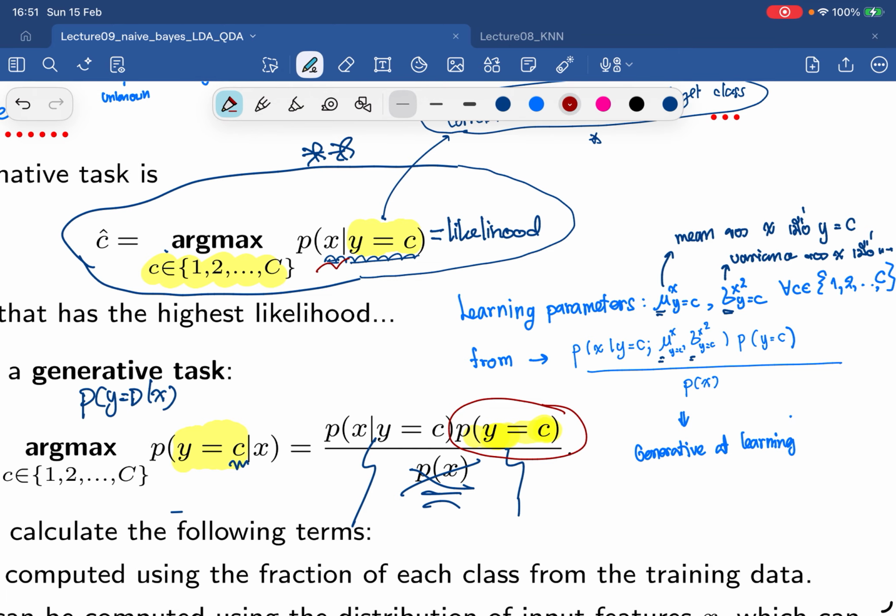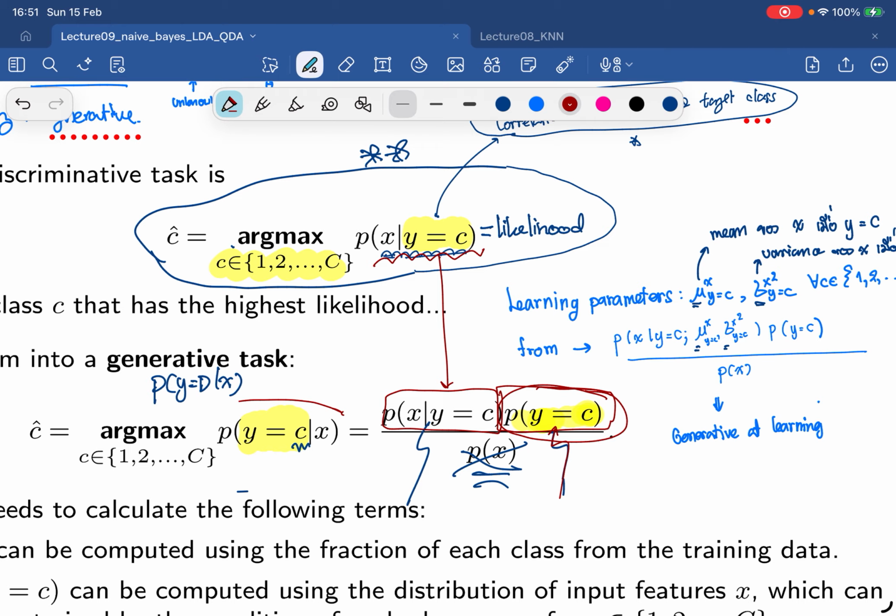Whatever is up here is the same. What we are doing differently this time is that we add the probability of y equal to c, the prior, into this model. And that gives us an equivalent problem of finding the class by maximizing this joint distribution.